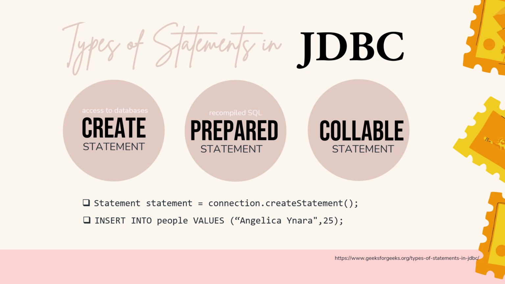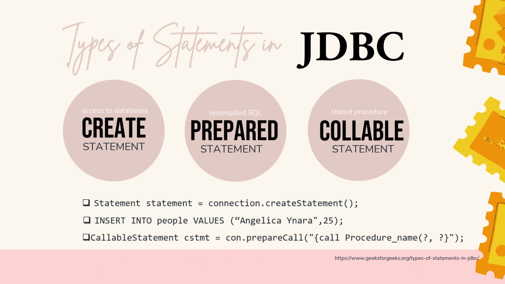We can send the required data to the stored procedure and lower the logic executed in the database server itself. The callable statement interface provided by the JDBC API helps in executing stored procedures. So here is an example of how we are going to use the callable statement.